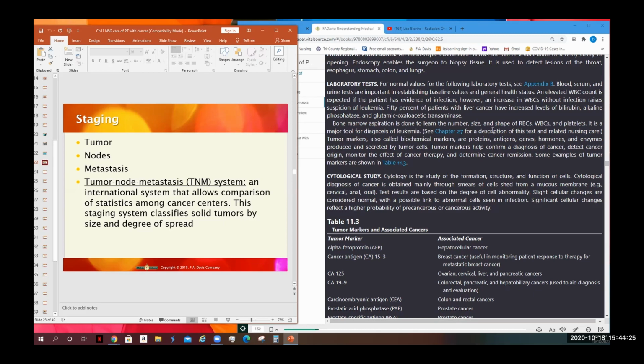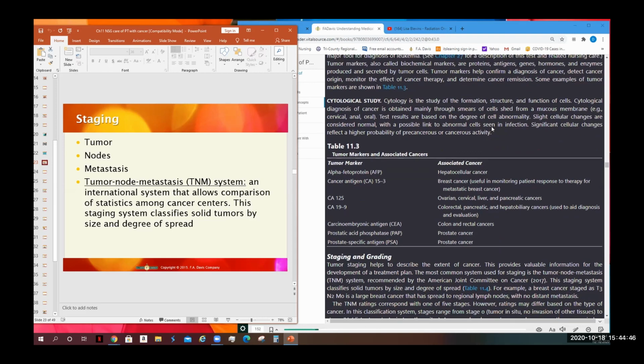Tumor markers help confirm a diagnosis of cancer, detect cancer origin, monitor the effect of cancer therapy, and determine cancer remission. Some examples of tumor markers are shown in Table 11.3.